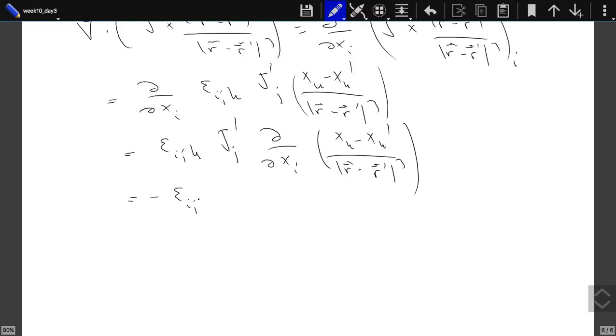So minus epsilon ijk, j prime j, del over del xi prime of (xk minus xk prime) divided by the magnitude of r minus r prime cubed. Now, as I said, I will be doing basically integration by parts.